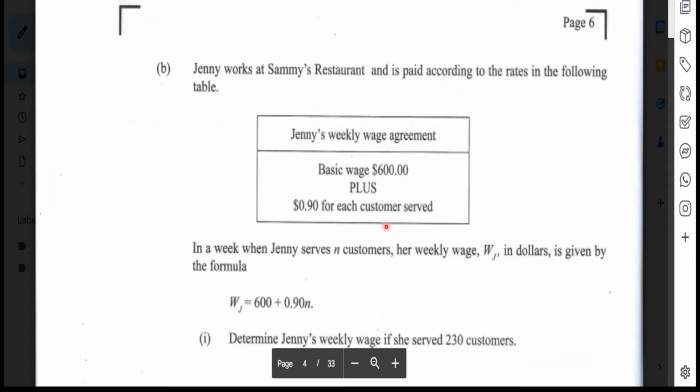The first thing that we will do is to point out a few things about this question. This $600 here could be referred to as Jenny's flat rate or the fixed rate of her wage. So we say that it is fixed.